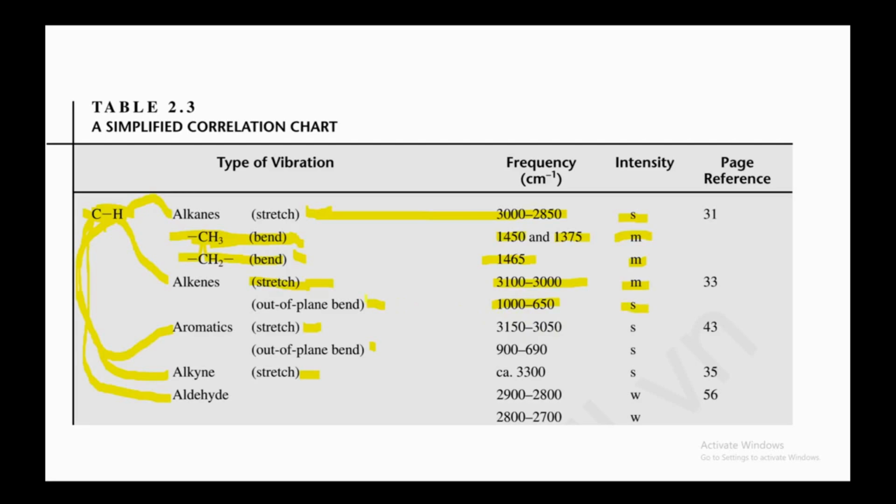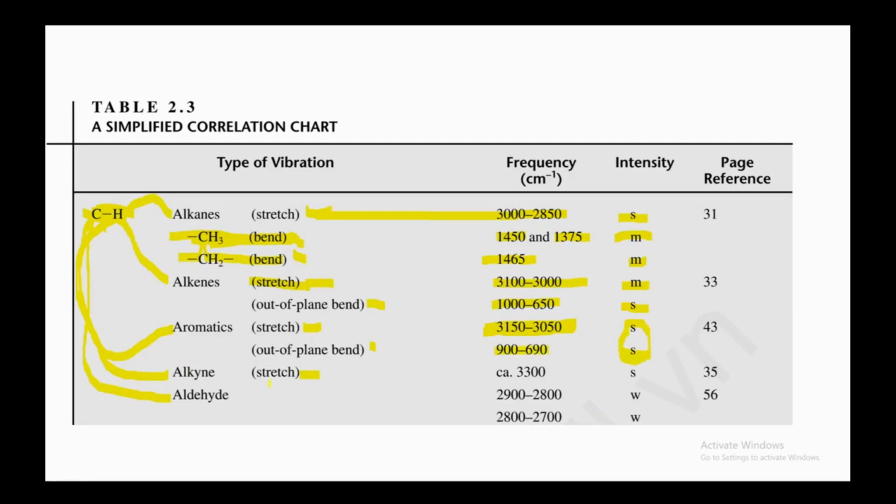CH2 of alkenes gives you the peak at around 1000 to 650. Aromatic stretch CH gives you a peak at around 3150 to 3050. Out of plane bending for aromatics appears for CH at 900 to 690, and the peak intensity is strong.